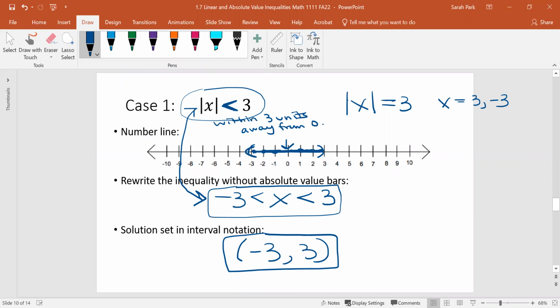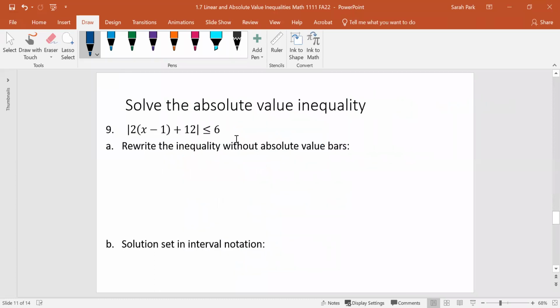Okay, let's take a look at the first case, when it's less than 3. So we're going to solve this absolute value inequality: the absolute value of 2(x minus 1) plus 12 is less than or equal to 6. We first have to write it without the absolute value bars because it's less than or equal to 6.